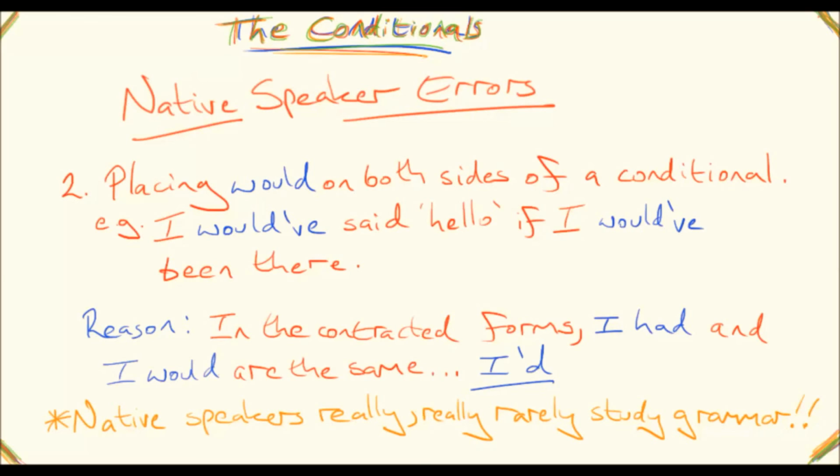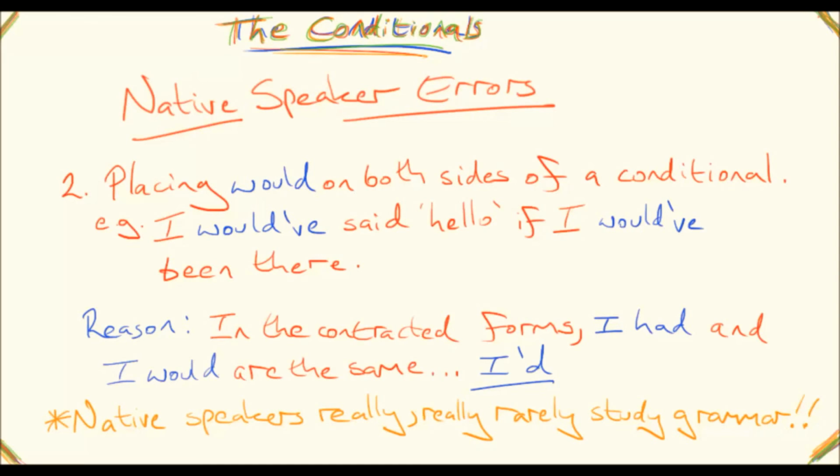It shouldn't be there. The reason for this error is, well, in the contracted forms, "I had" and "I would" are the same: I'd, I apostrophe D. But we've also kind of got running in our heads what seems to be correct and what sounds right after the word "have."